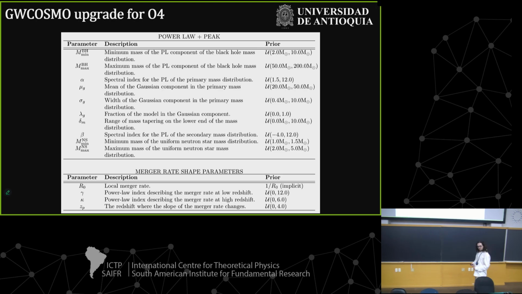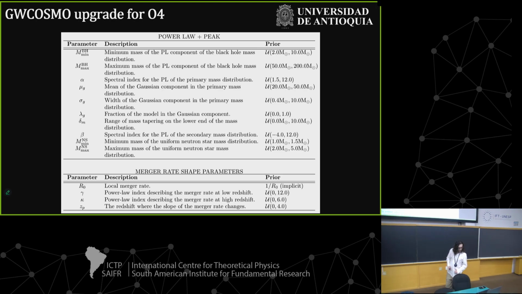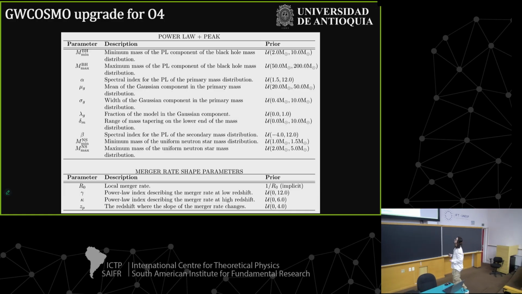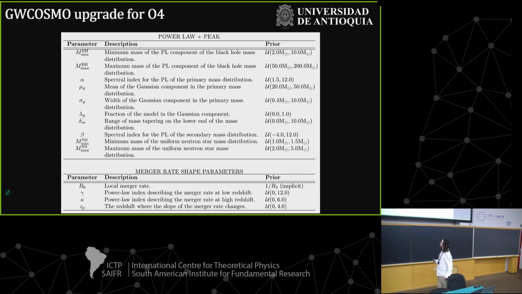Okay, so for the analysis that was done here with O3 events, these were the priors on the population parameters. The prior for each node was 20 to 140 kilometers per second per megaparsec, and here are the parameters for the power law plus peak model.